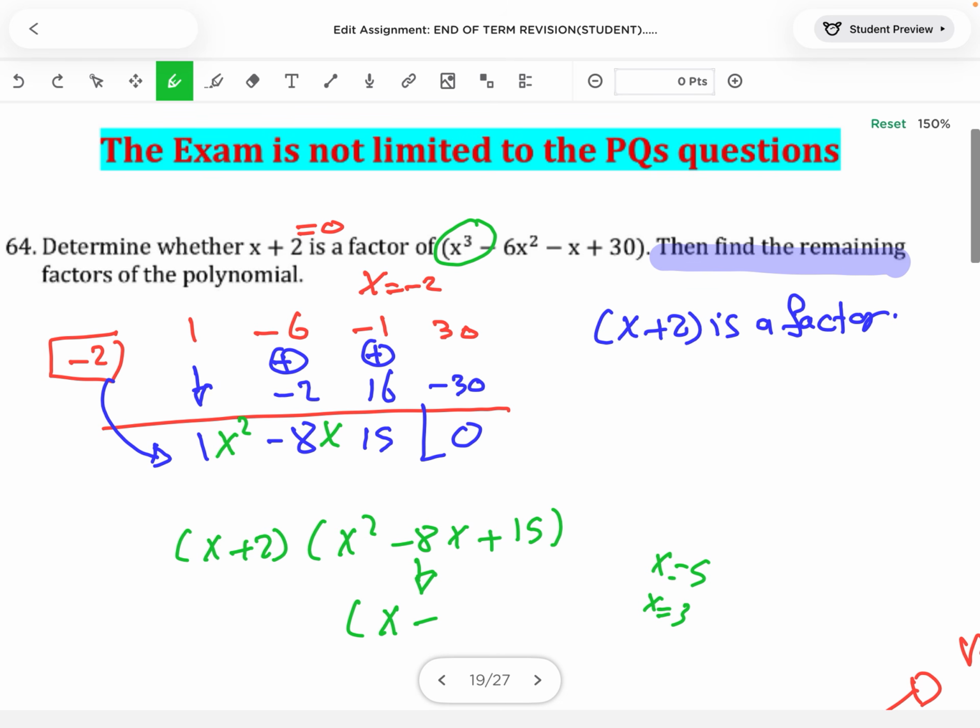I need to write the factors. X minus 5 or x minus 3, and this is x plus 2. We are done. Next.